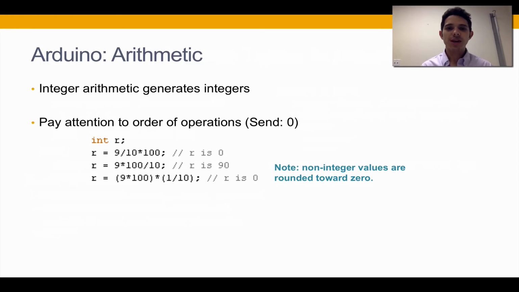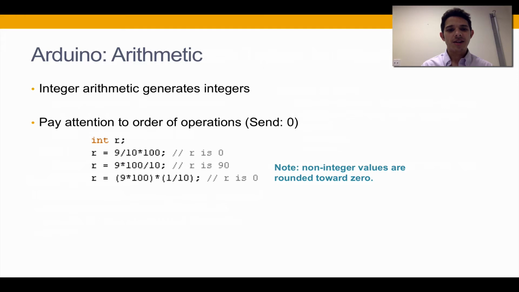Suppose that we define this integer variable type, we'll call it r, and we have not initialized it. In the first line, I'm going to write r equals 9 divided by 10 times 100. If I do that, then what will be saved or assigned to r is 0.